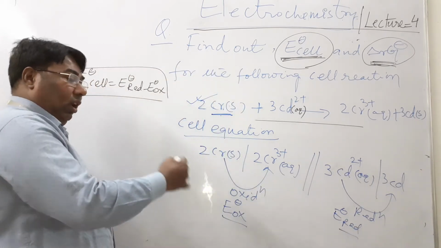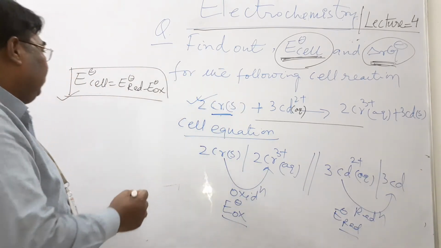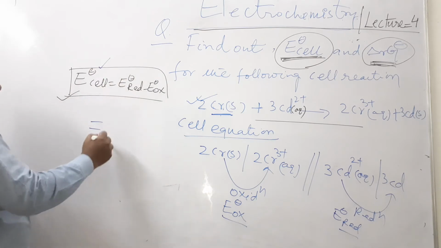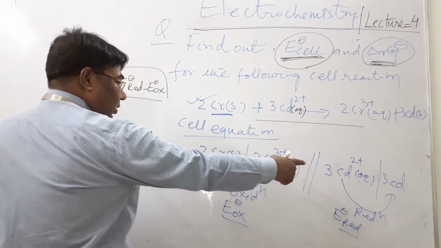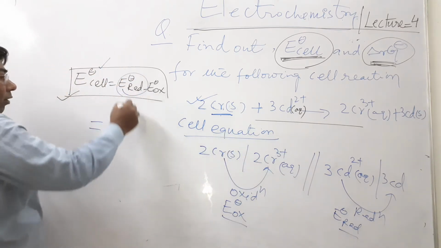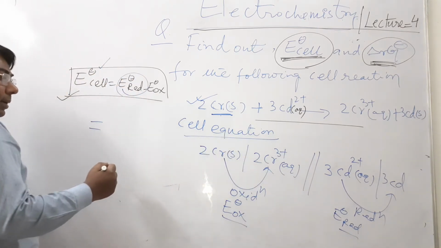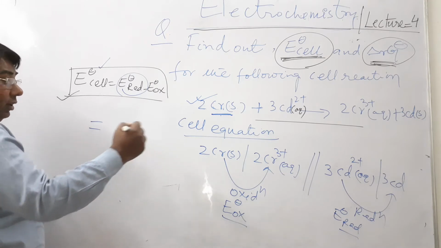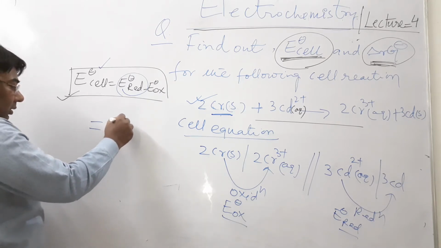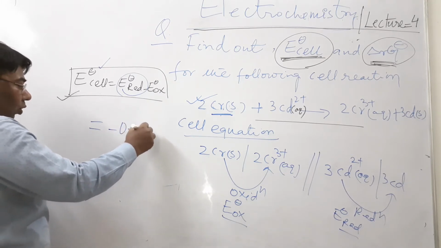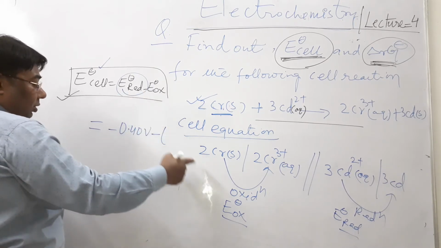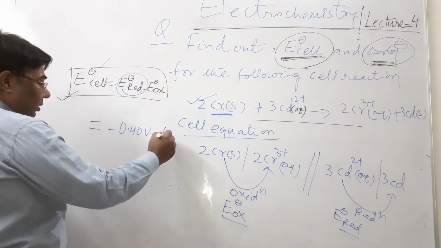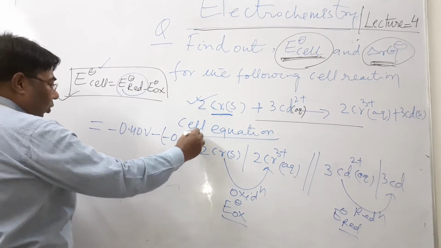So to solve the question, apply this formula for E naught cell. In this, reduction takes place at cadmium, so the reduction potential of cadmium is minus 0.40 volt, minus the reduction potential of chromium, which is minus 0.74 volt.